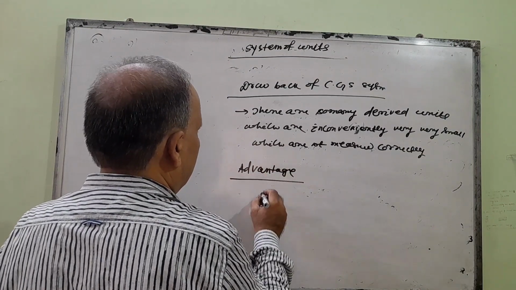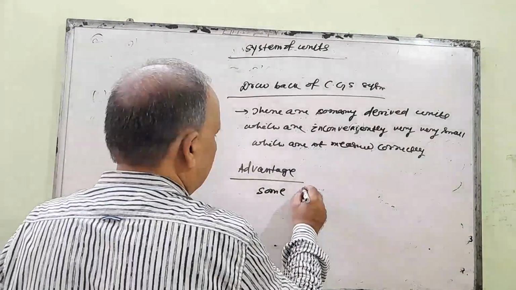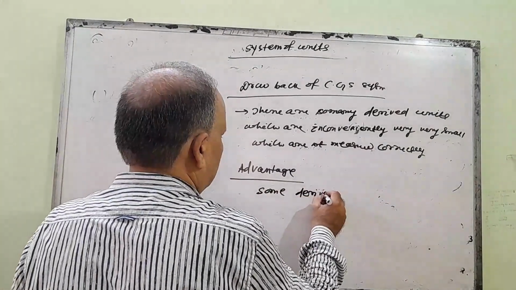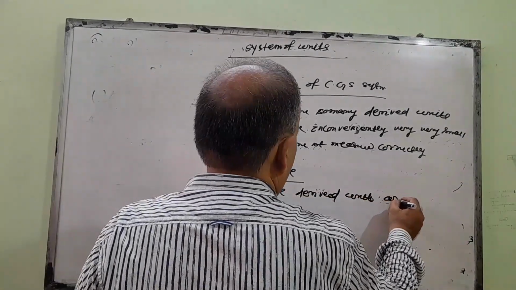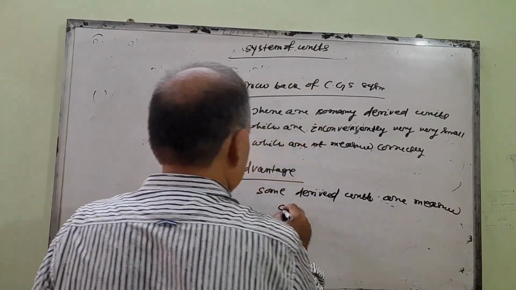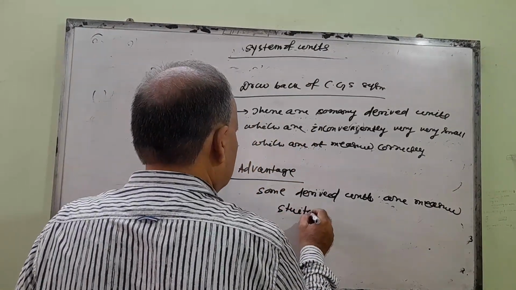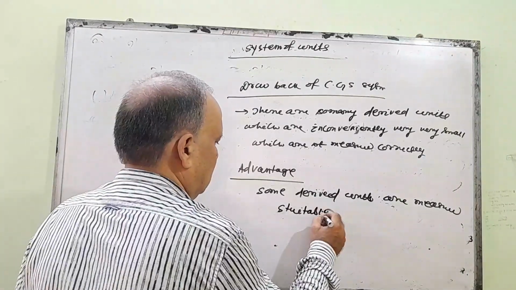What is its advantage? Some derived units are measured suitably. That means conveniently you can measure.